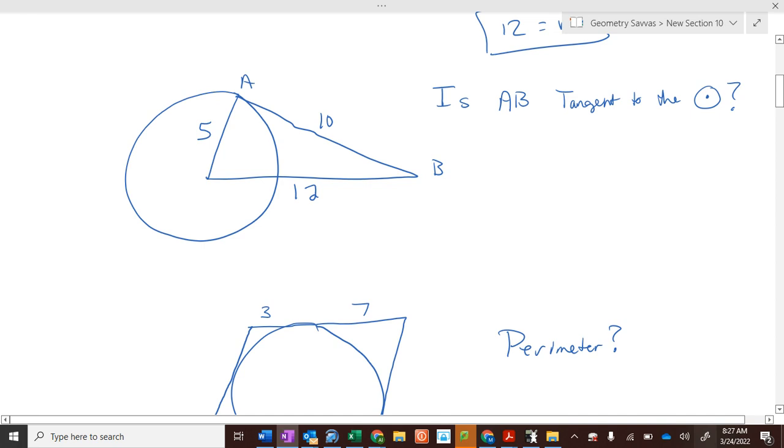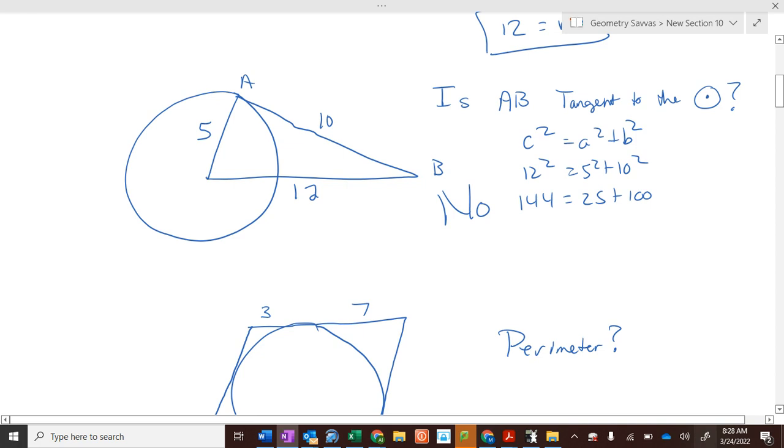Is that a right triangle? How do we tell? Pythagorean theorem. Is c squared equal to a squared plus b squared? Is 12 squared equal to 5 squared plus 10 squared? Is 144 equal to 25 plus 100? So no, this is not tangent to the circle.